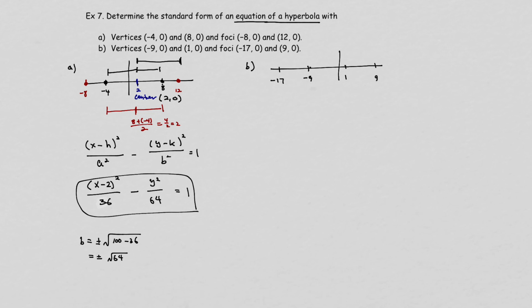So your center will be between these 2 points, right? In order to find that, we will do negative 9 plus 1 divided by 2, so it will be negative 4 and 0. So that's going to be the center.